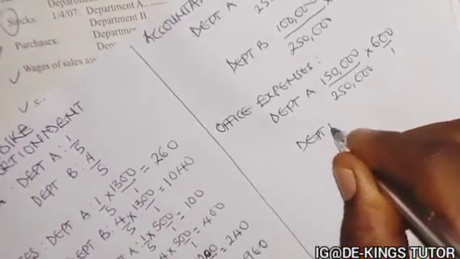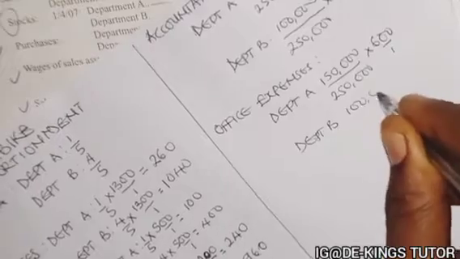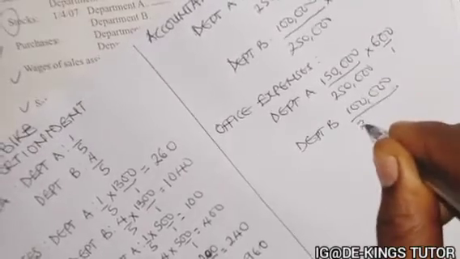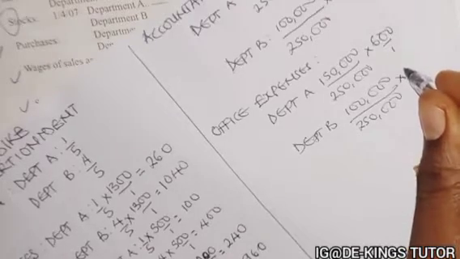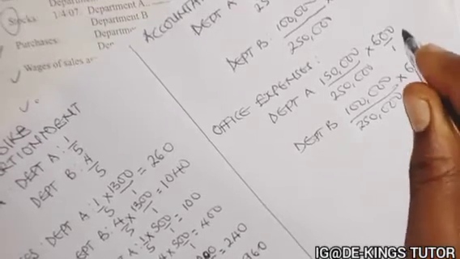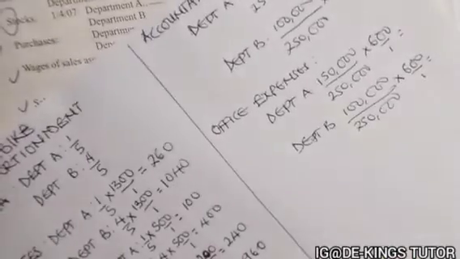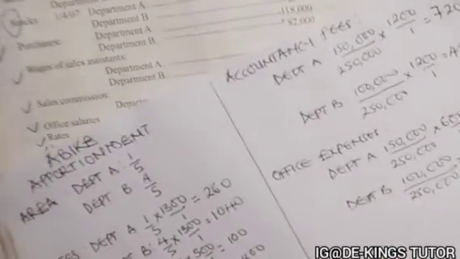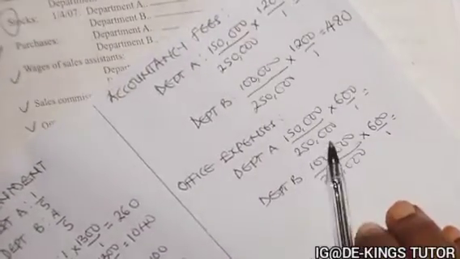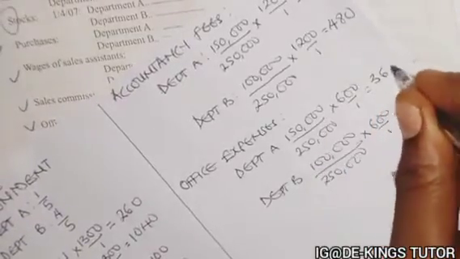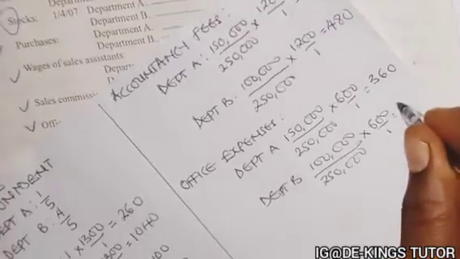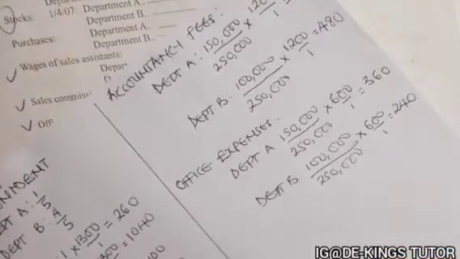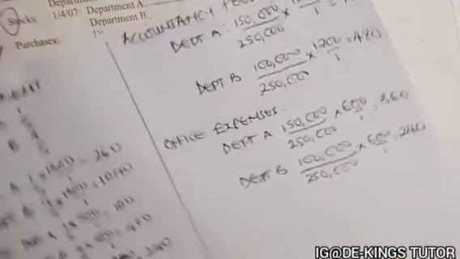While department B, it is 100,000 divided by 250,000 times 600 over 1. So 150,000 over 250 times 600 will give us 360, while 100,000 divided by 250 will give us 240. Okay, so that is the apportionment.